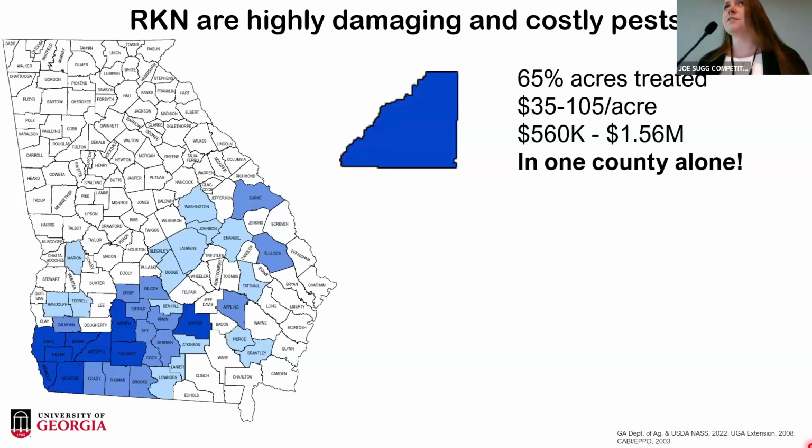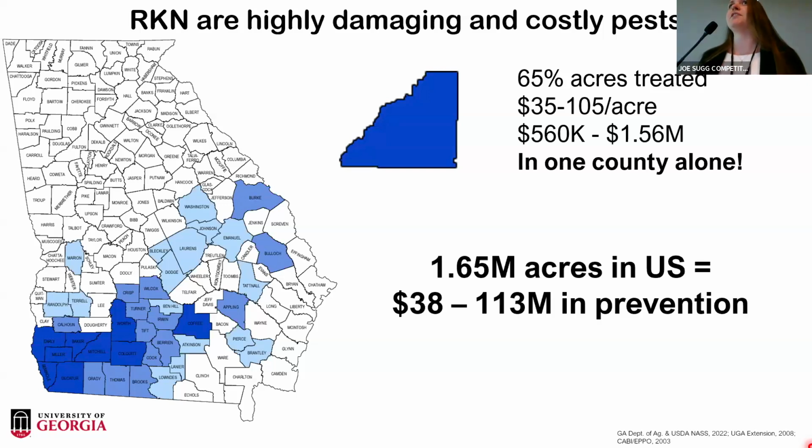Of course, nematodes don't only live in Mitchell County, Georgia. They live pretty much everywhere peanuts are grown in the United States. And if we extrapolate these numbers, US peanut growers are likely spending somewhere between $38 and $113 million in nematode prevention alone. The most cost-effective and efficient way to manage nematodes is by planting resistant cultivars.